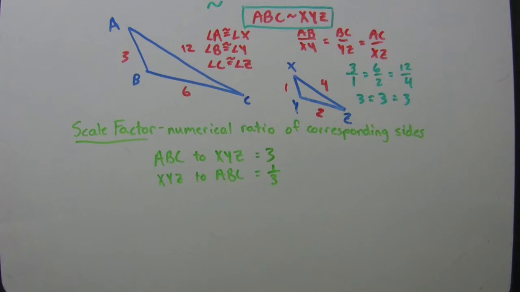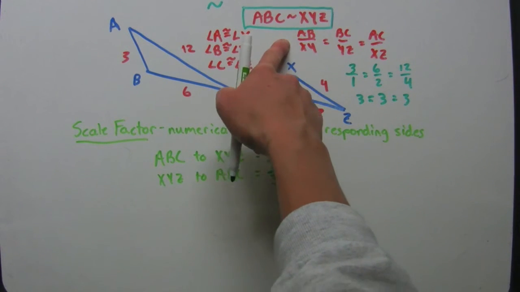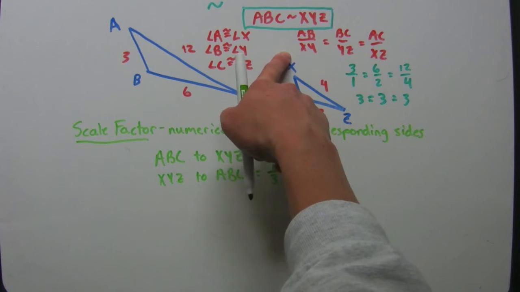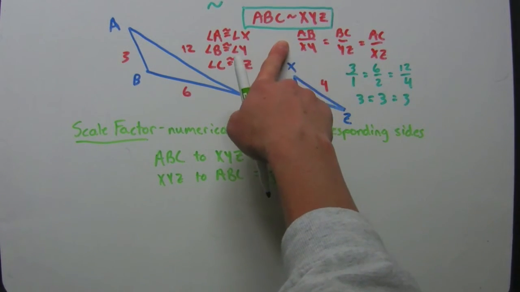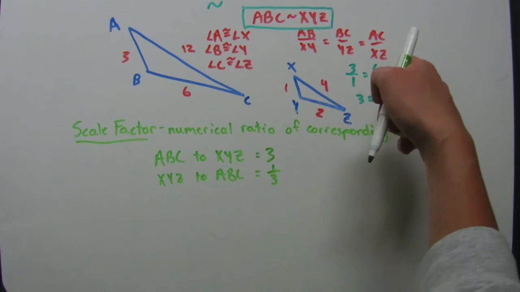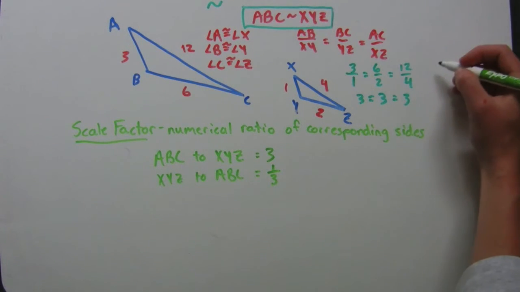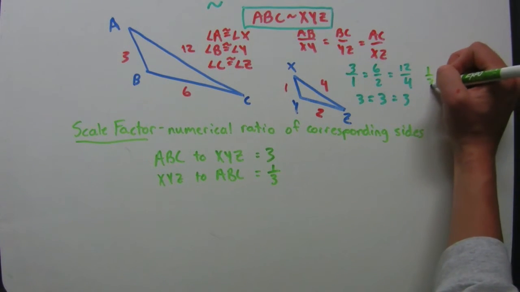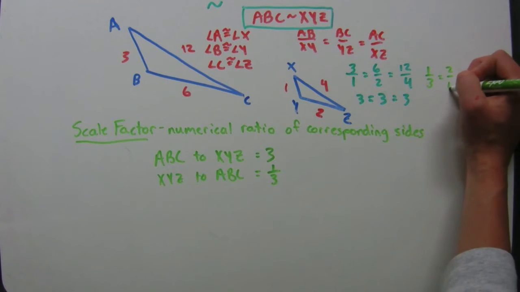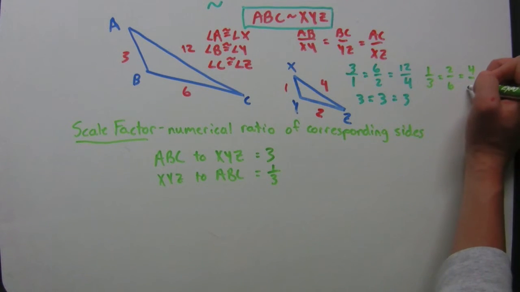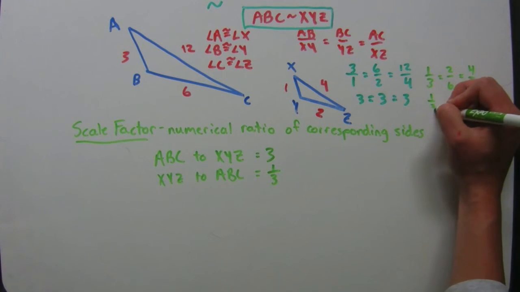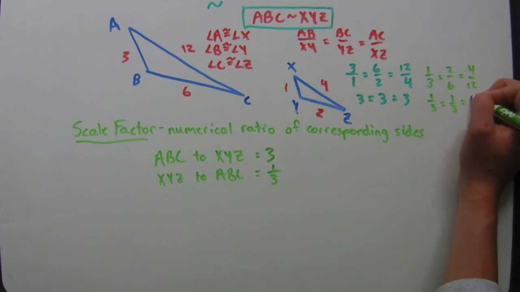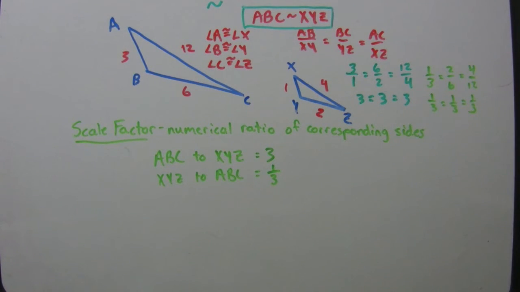Because instead of doing AB over XY, we would do XY over AB. So all these fractions would be flipped. And that would give us 1 over 3 equal to 2 over 6 equal to 4 over 12. And all those are equivalent to 1/3.